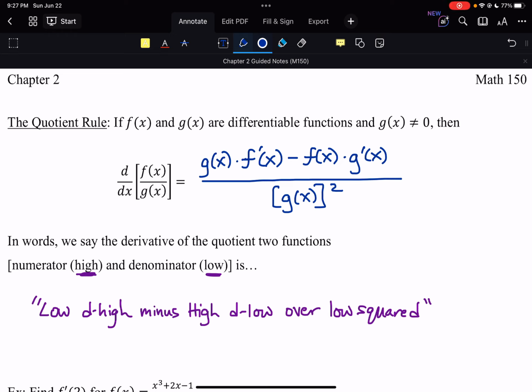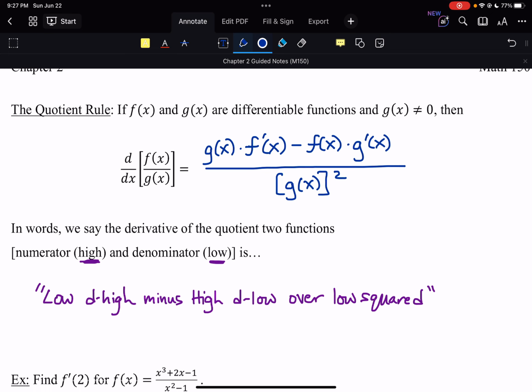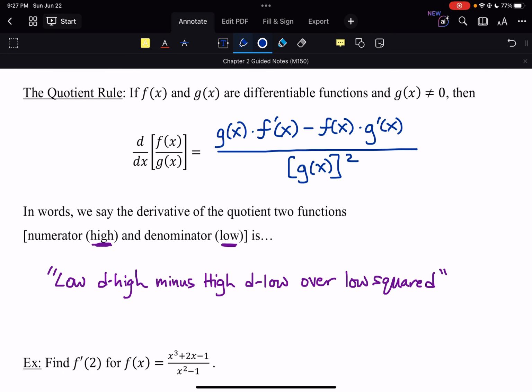The quotient rule, however, because it has subtraction in the middle, if you get them mixed up, you will get exactly the opposite of the answer that you are looking for. So we particularly need to be careful when working with the quotient rule to make sure that we have the order correct, so we don't accidentally go exactly opposite of what we want.